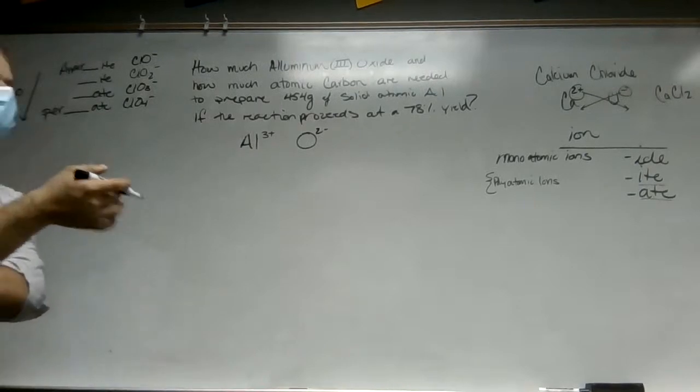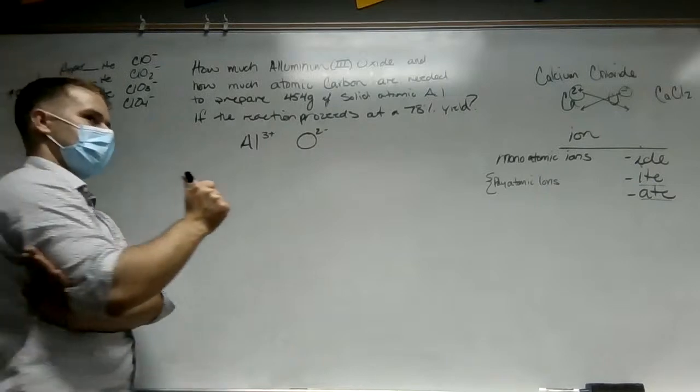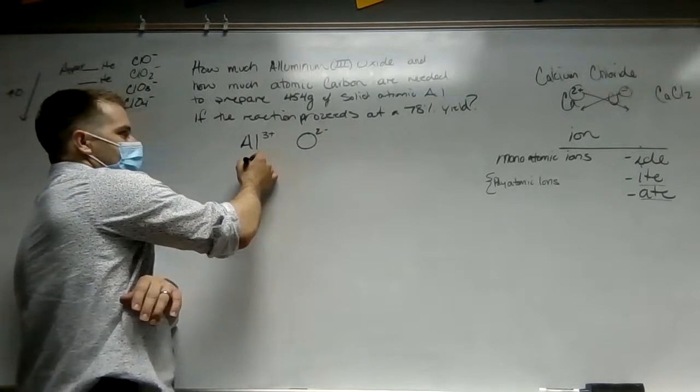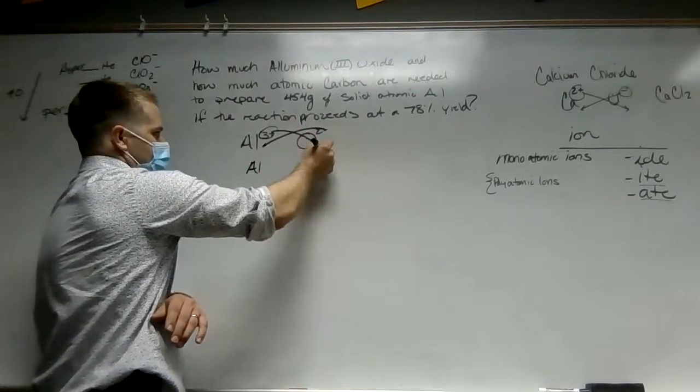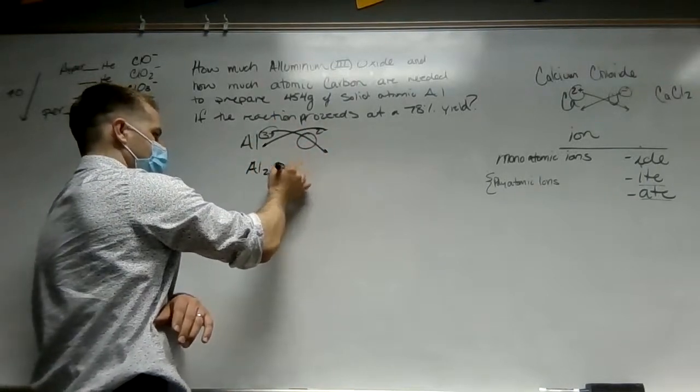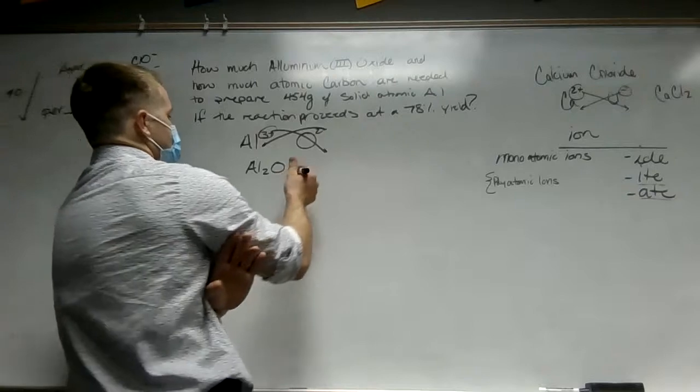So once we know this, how do we come up with the formula for aluminum oxide? We get Al2O3. And this aluminum oxide combines with atomic carbon.